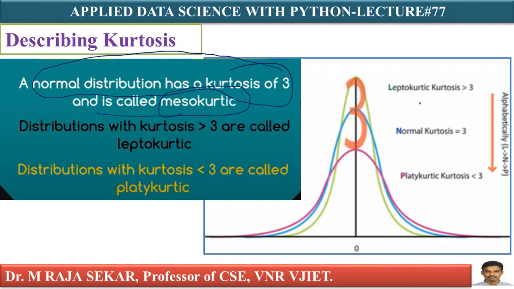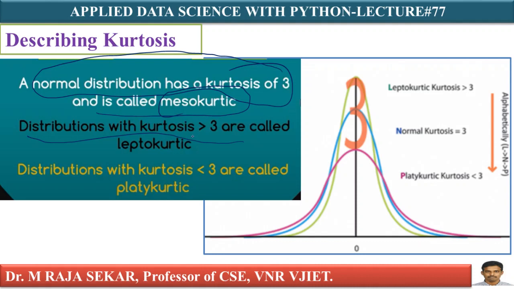Excess kurtosis is kurtosis above 3. When you get a value for kurtosis that is above 3, you will see that extreme events are more likely to occur than in a normal distribution. Just see this, is it not? A distribution with kurtosis greater than 3. Why 3? Why are we comparing? I already discussed the reason.